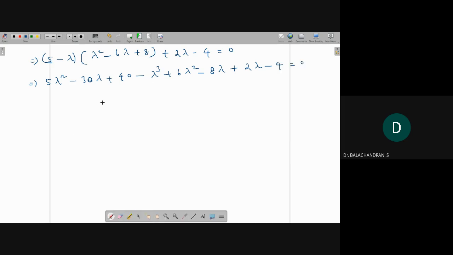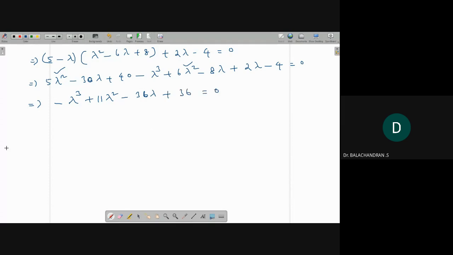So how many lambda cube? Minus lambda cube. Lambda square is plus 11 lambda square. How many lambda? Minus 38 plus 2, minus 36 lambda. And then constant is 40 minus, plus 36 constant.